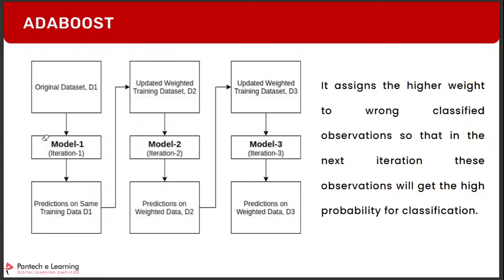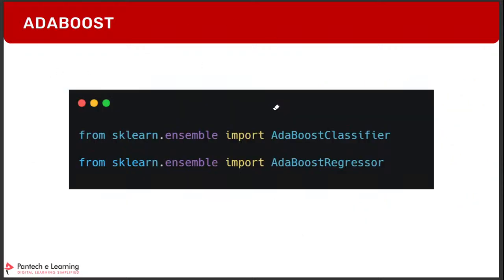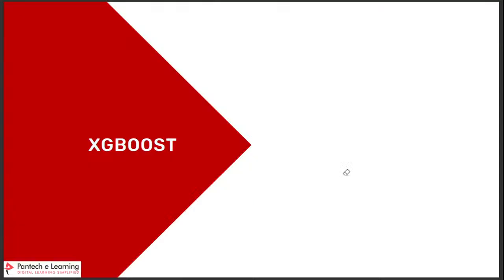For example, in an exam, if you know you are weak in a subject, you will give more time and learn more about it, right? That is what happens here in AdaBoost. For the next model to run, it assigns more weight and importance to the wrongly predicted ones, and that is given to model 3 and so on. That's how AdaBoost works, and you can utilize the classifier and regressor from sklearn.ensemble.